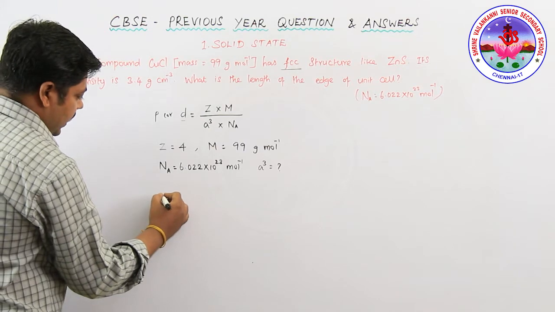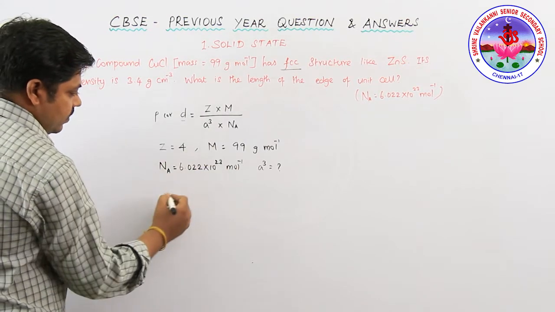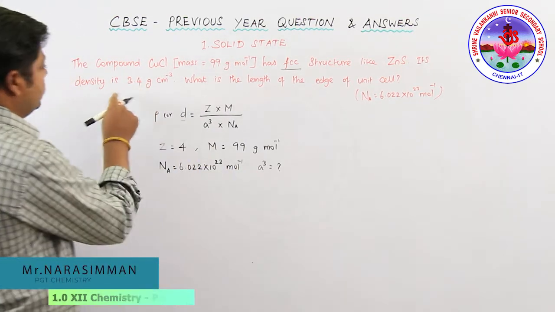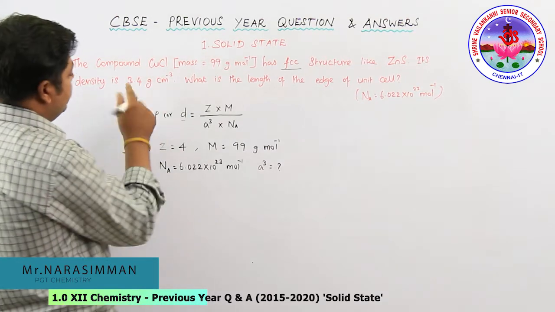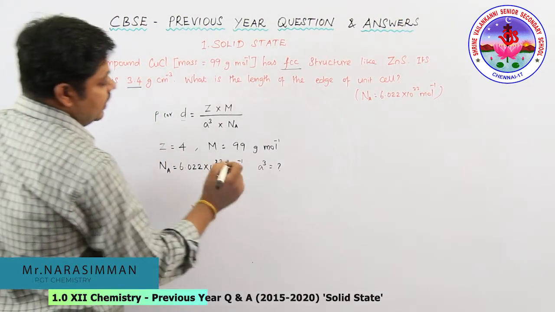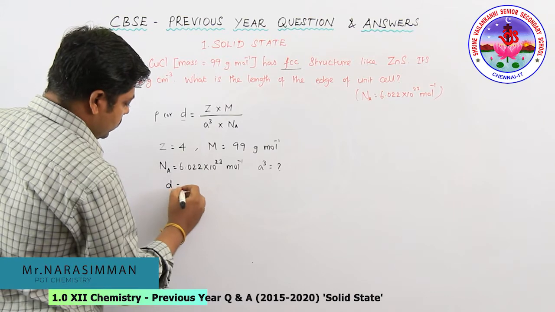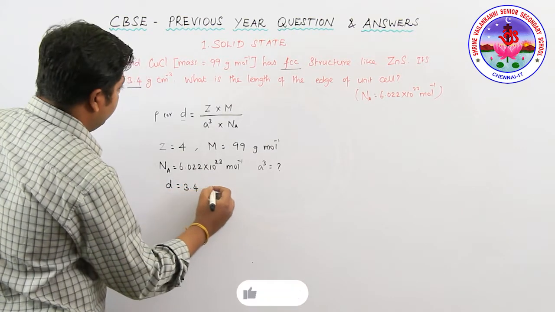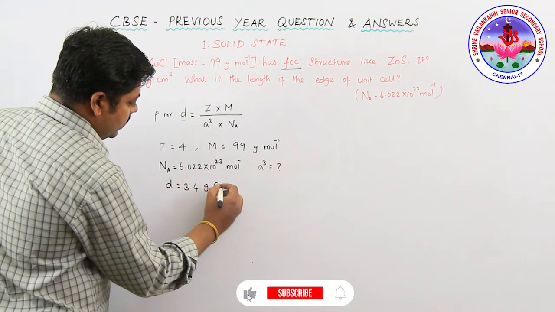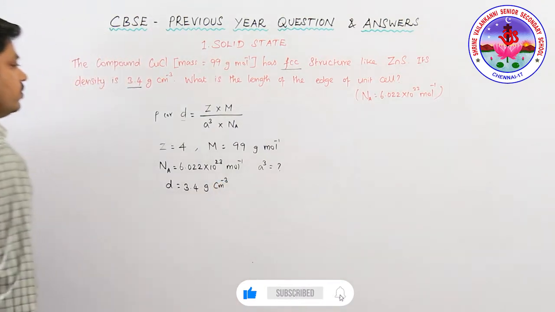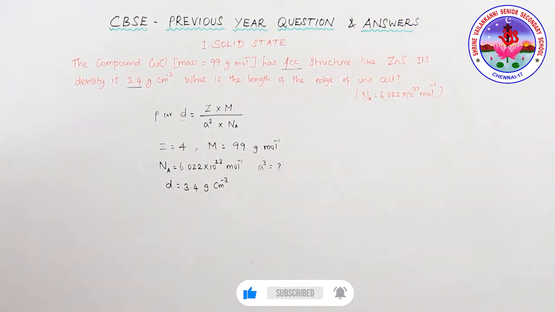So here what is D? Sorry, I missed the D. D is density. Density is 3.4 gram per centimeter cube. So these things are given here. So I repeat here.